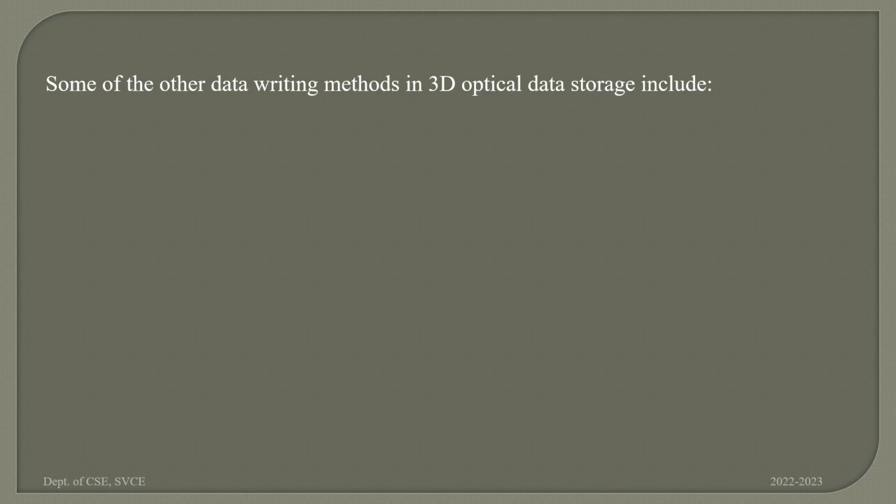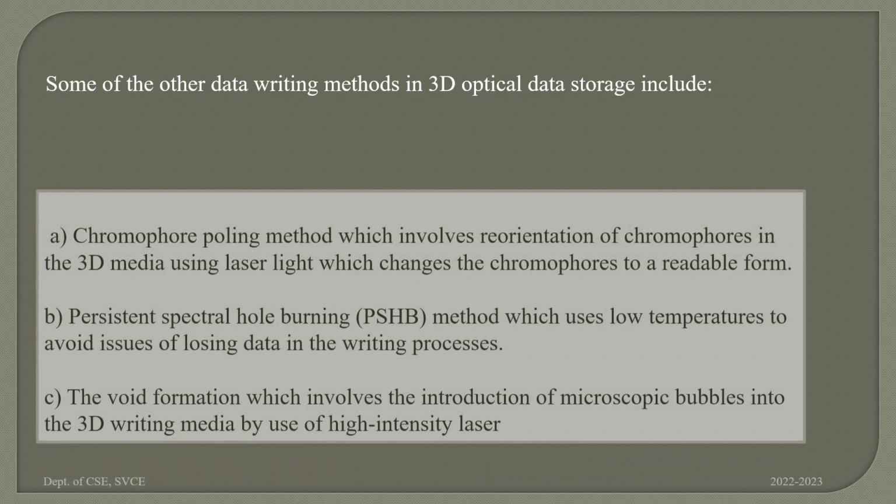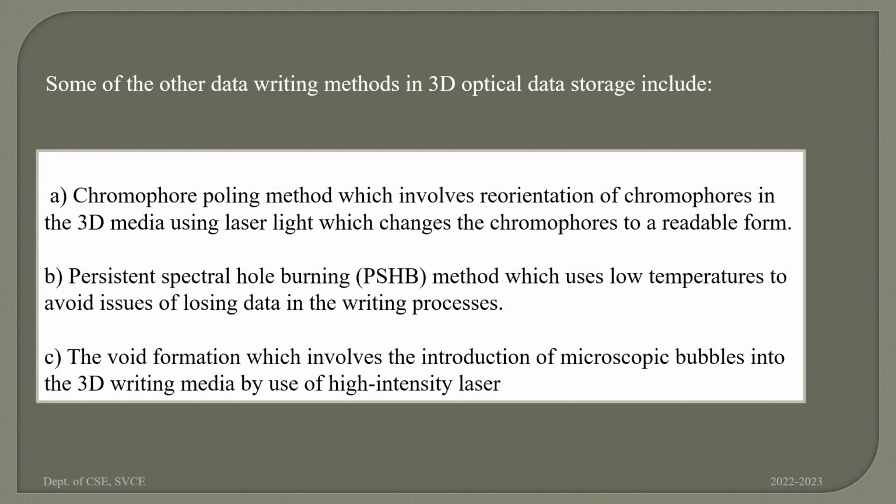In this slide, we will discuss some of the other data writing methods in 3D optical data storage, which include the chromophore pooling method, which involves reorientation of chromophores in the 3D media using laser light, which changes the chromophores to the readable form.